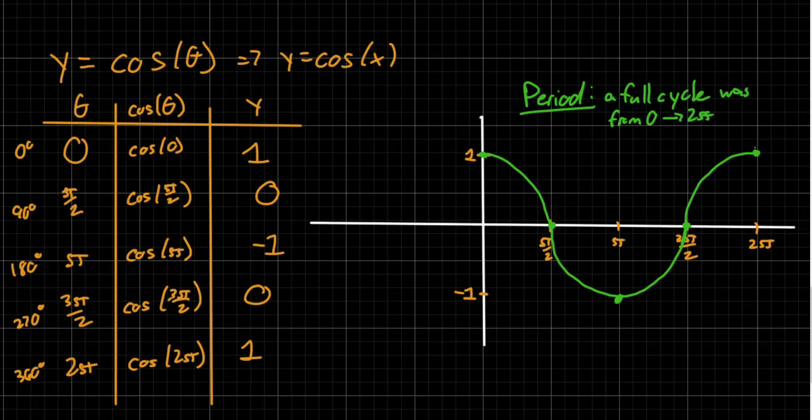So again, I could have also gone in the negative direction. This would just be in a different cycle, outside of our cycle. But I could have kept going in this direction and it would have looked something like this. And I can keep going forever in both directions.